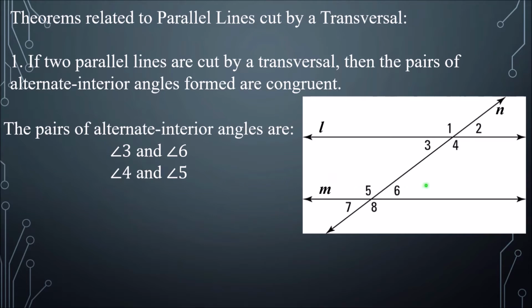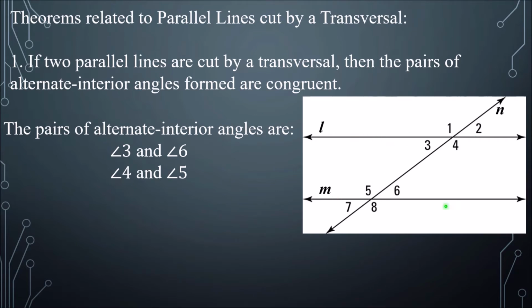So what are the alternate interior angles here? We have angle 3 and angle 6. Take note, alternate interior. Alternate means the angles are alternating: this one is on this side and 6 is on the other side. And interior means inside the parallel lines.